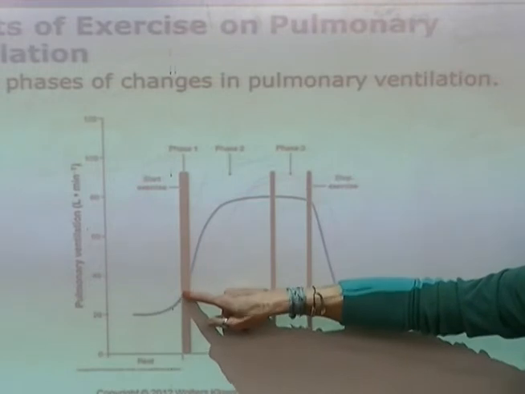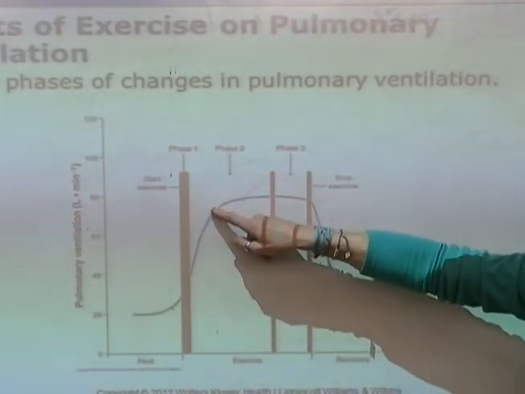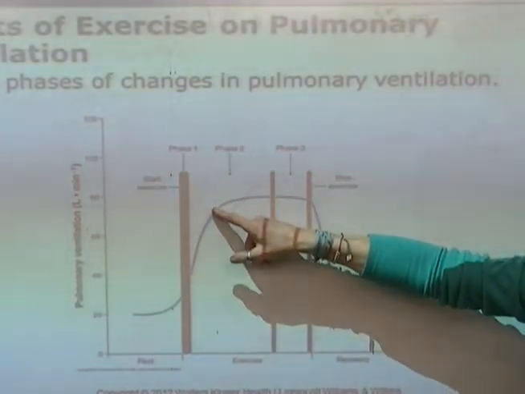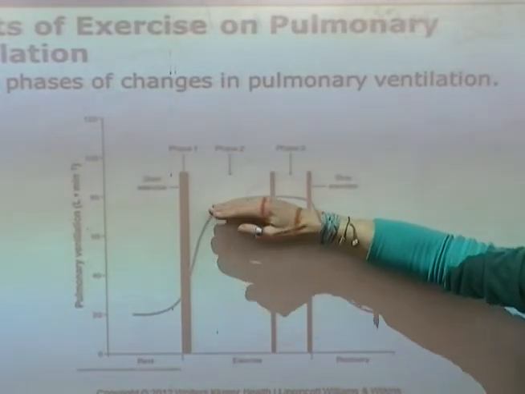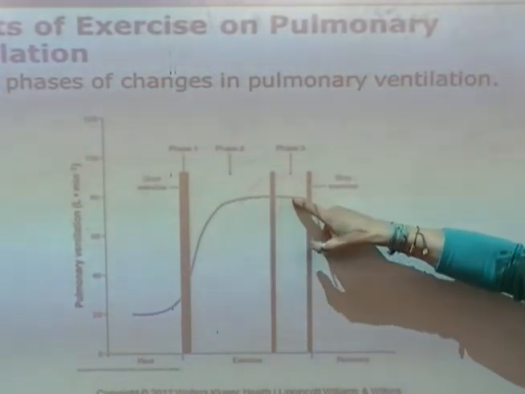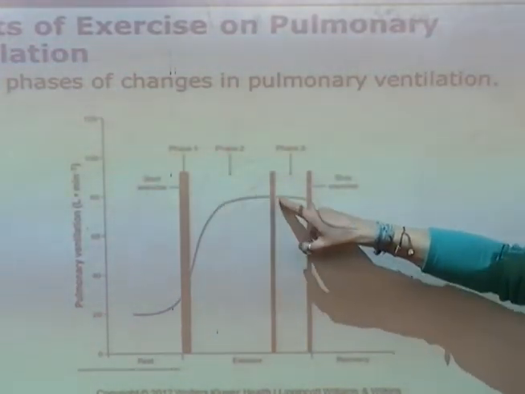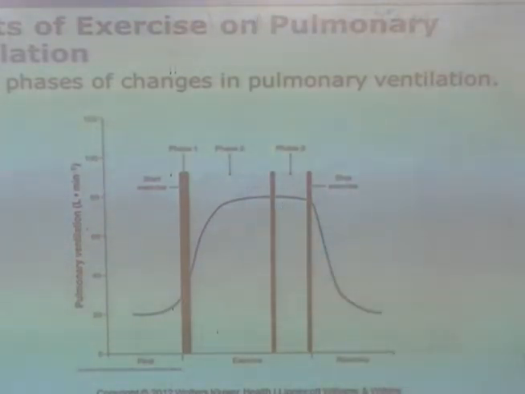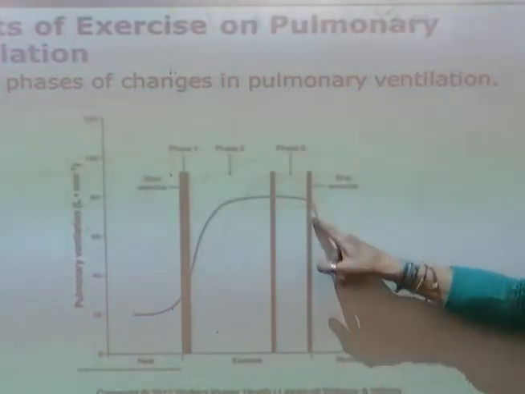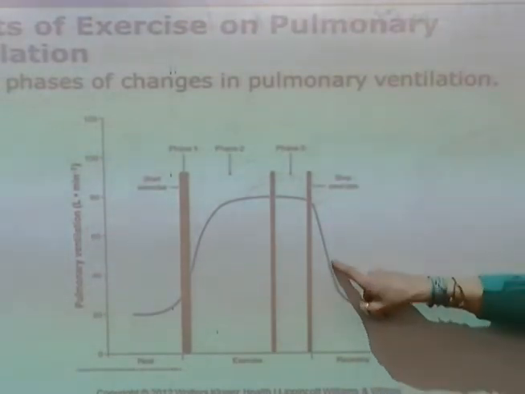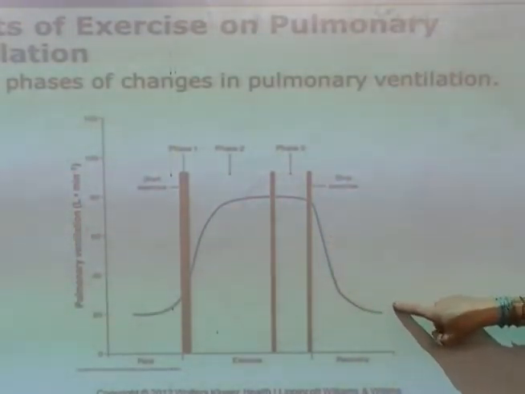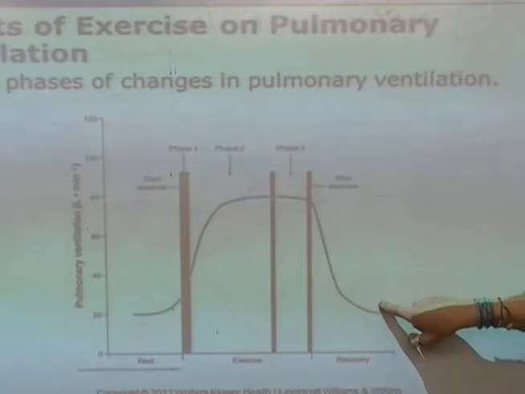And then we see this steep rise in breathing, and then we'll hit steady state. So we will hit a plateau here. And then we stop exercising, and here's our EPOC curve, recovery. Okay?